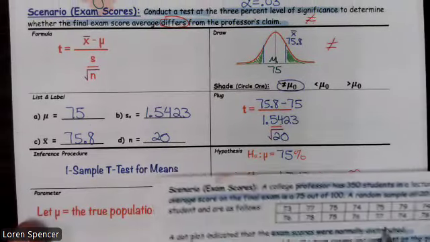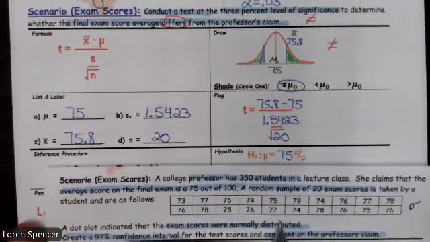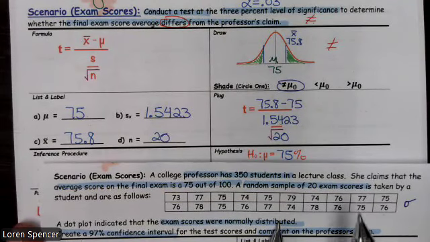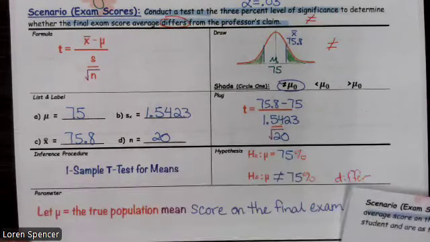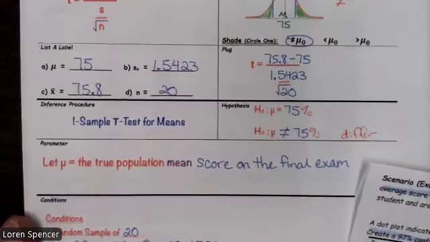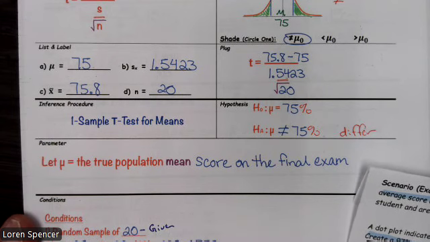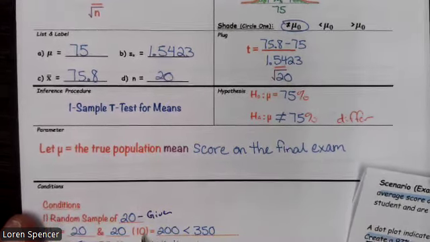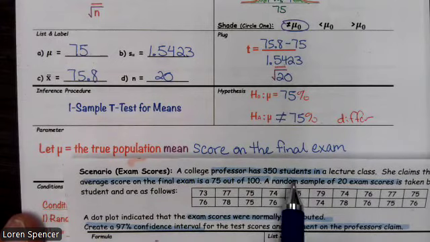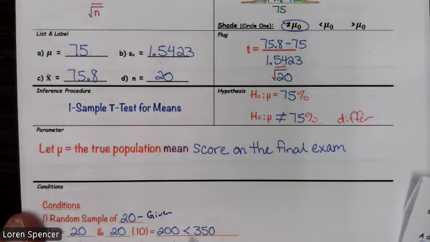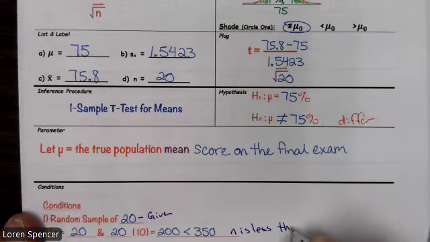Conditions. Well, when I go back to my original, she said a random sample. Okay, random sample of 20, that was given. And if I take that 20 and multiply by 10, I get 200. And she has 350, and 200 is less than 350. So n is less than 10% of the population.